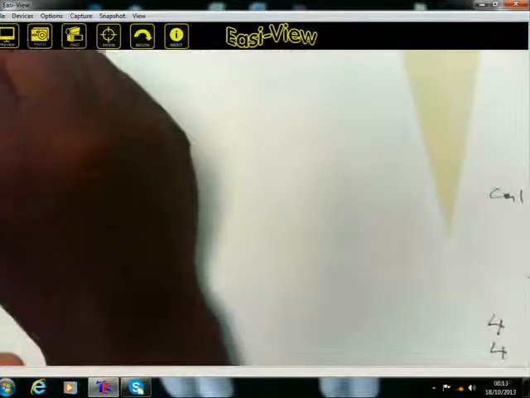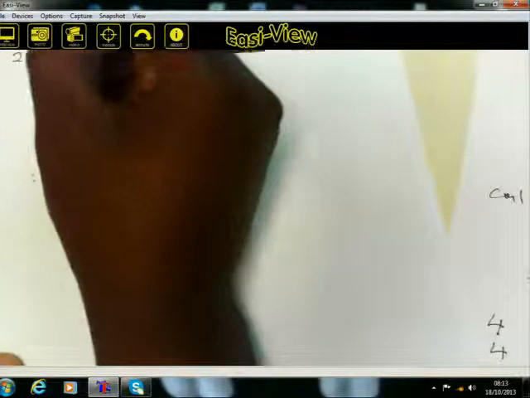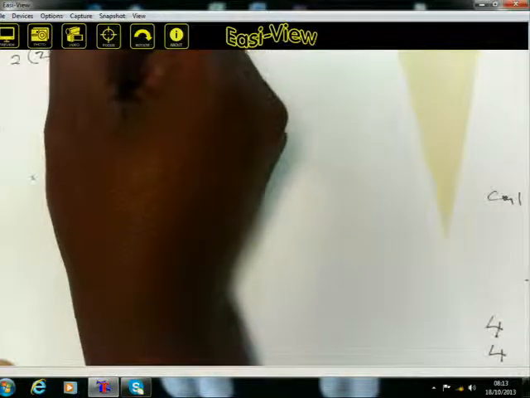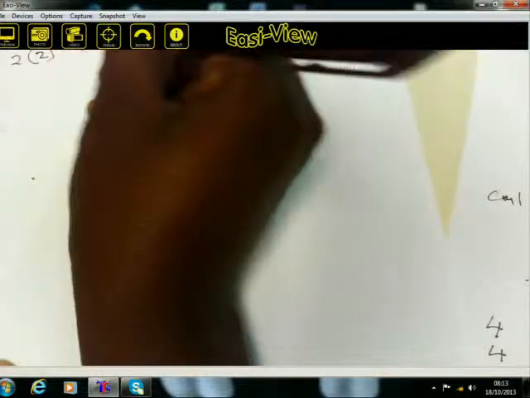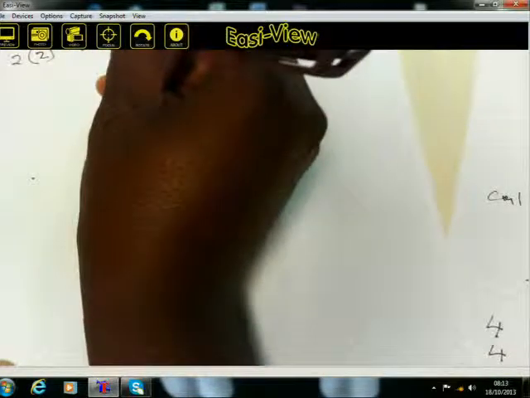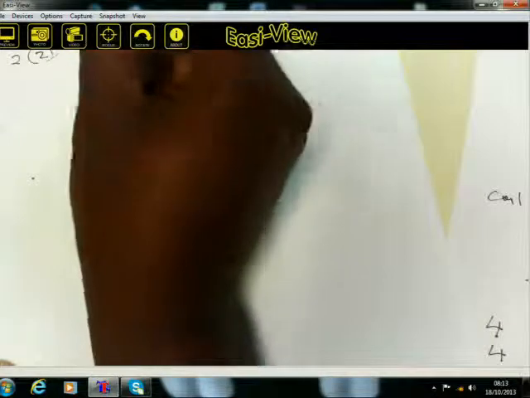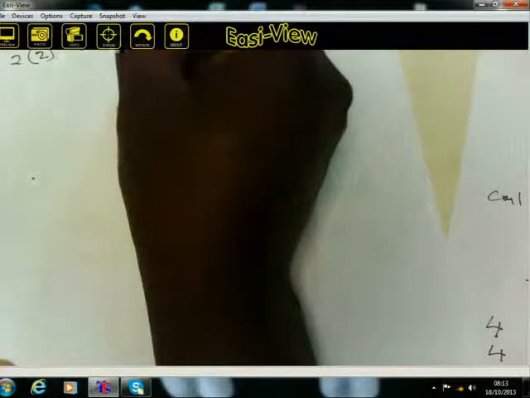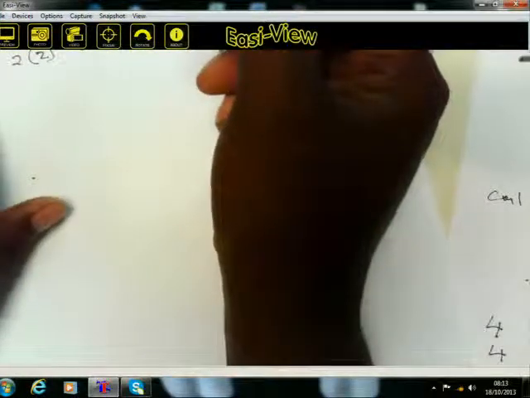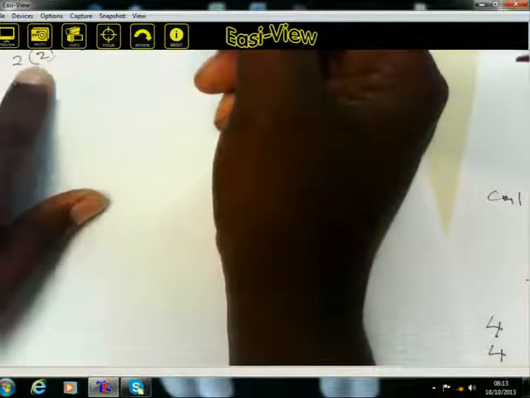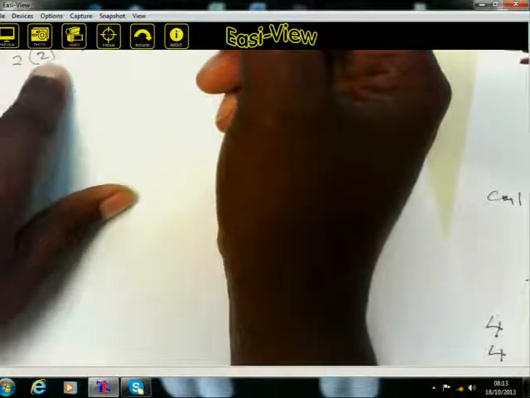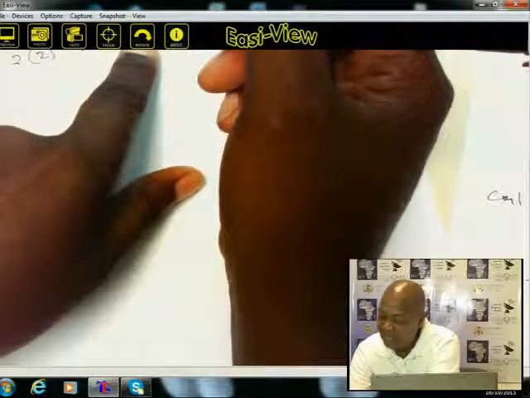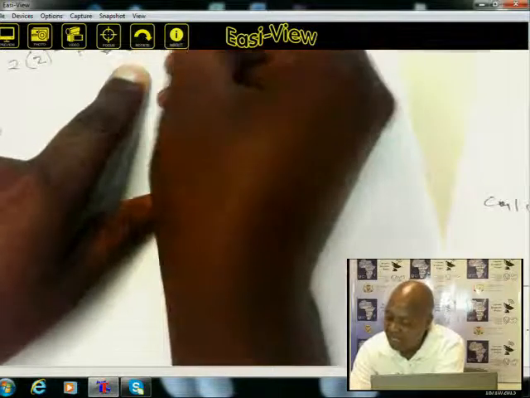Therefore, this is going to be 2 to the power 2, and then plus b times 2, because the position of 7 is 2, and then plus c.